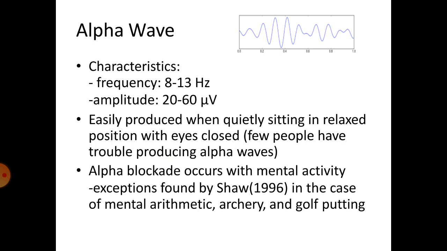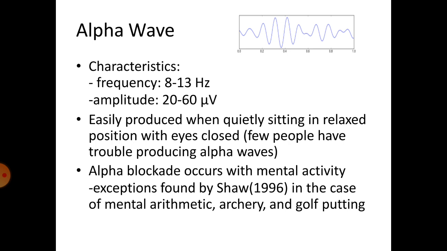This is an EEG wave, the alpha wave. Characteristics: frequency 8 to 13 Hz, amplitude 20 to 60 microvolts. It is easily produced when quietly sitting in a relaxed position with eyes closed. A few people have trouble producing alpha waves.